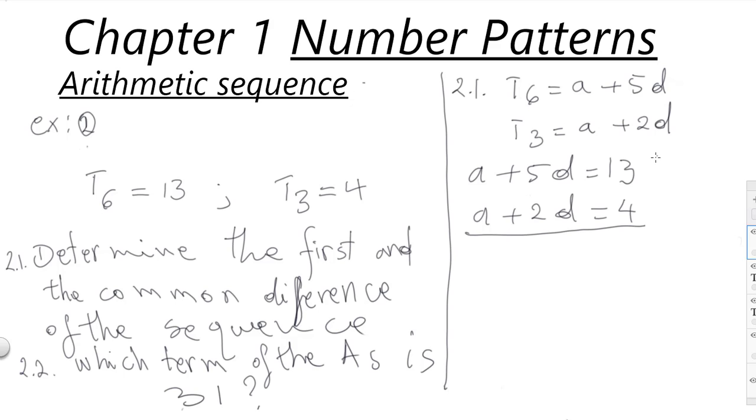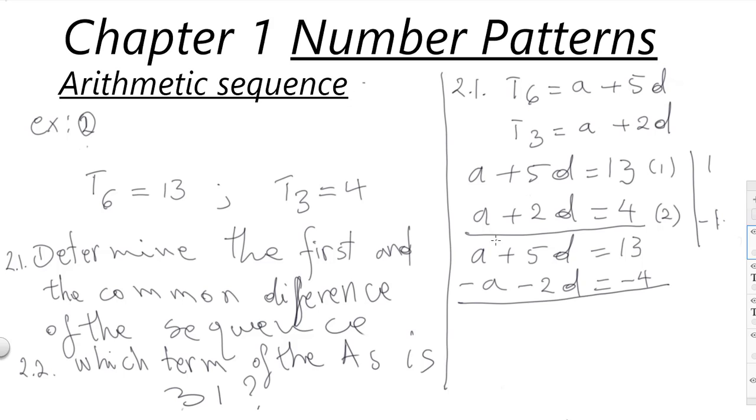This is your first equation, this is your second equation. So try to solve it, pause the video and solve it. You have first term, 5 common difference, minus 13. When you multiply here, we have a minus a. Minus 1 times plus 2 will be minus 2d, and minus 1 times 4 will be minus 4.